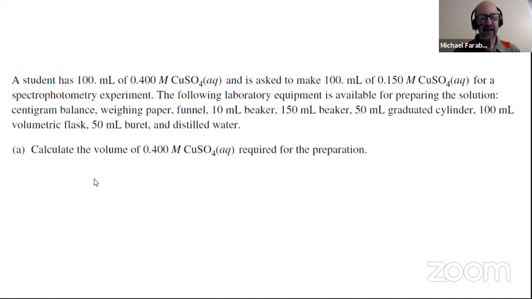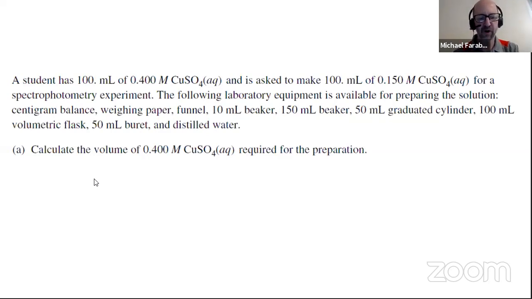A student has 100 milliliters of 0.400 moles per liter copper sulfate, CuSO4 aqueous, and is asked to make 100 milliliters of 0.150 molar copper sulfate for a spectrophotometry experiment.